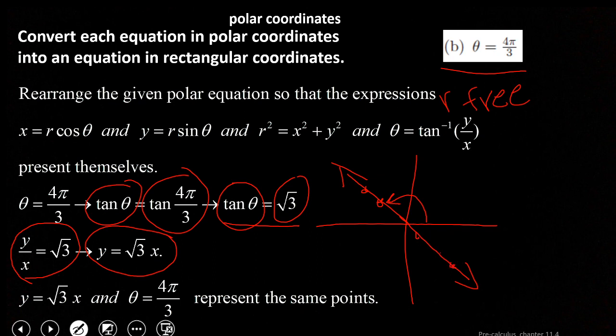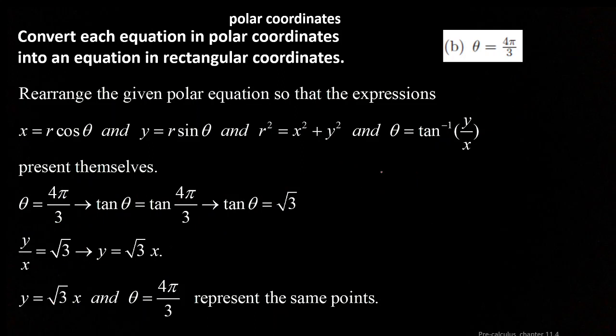And if you do that, you get different points, and then if you connect them, you get a line. So the graph of theta equals 4 pi over 3 is just a line. Which line? Basically it is a line with the slope of square root of 3. y equals, sorry, my drawing is off.